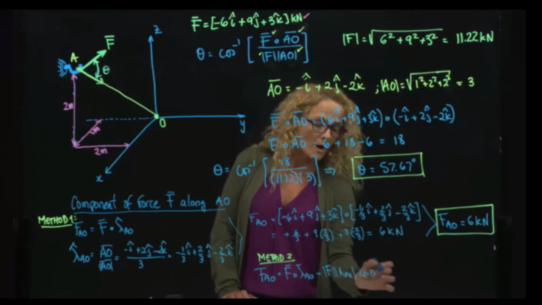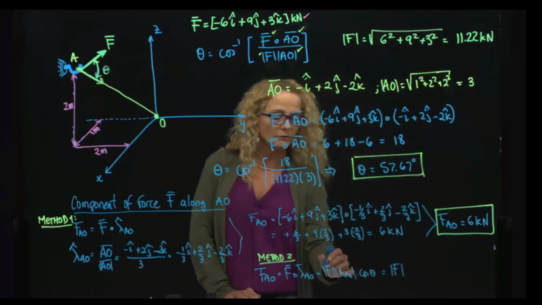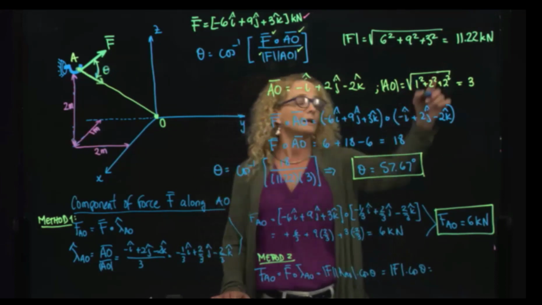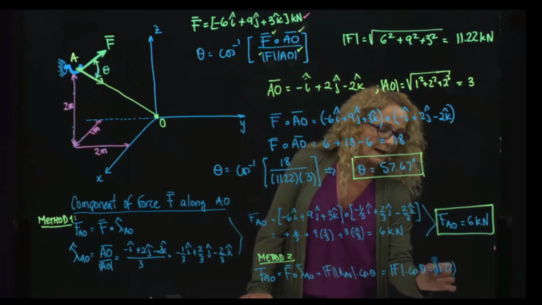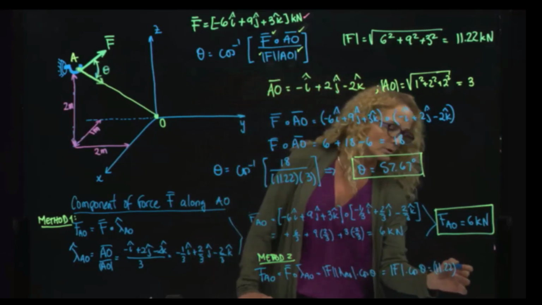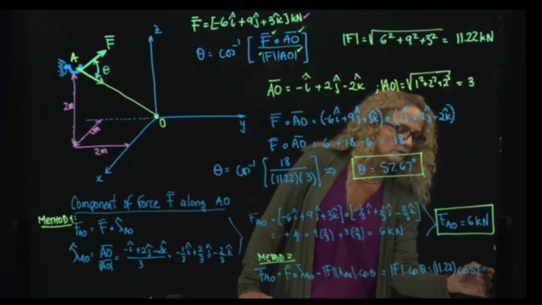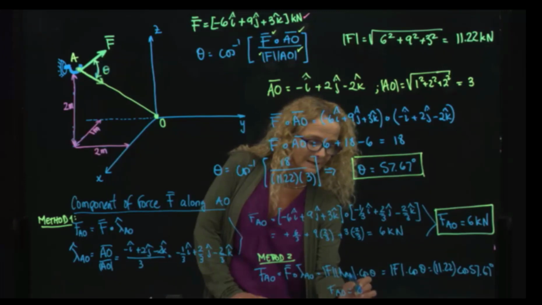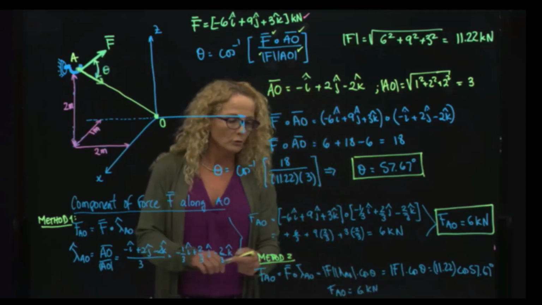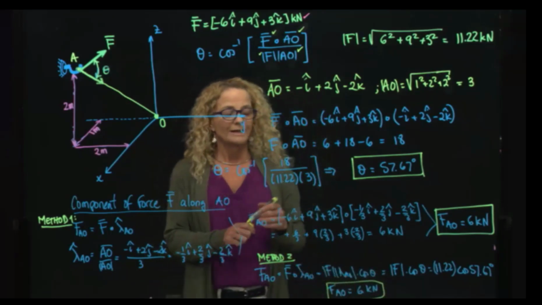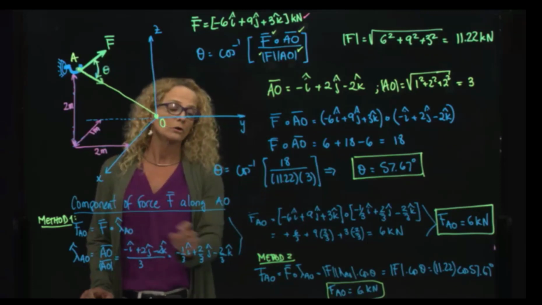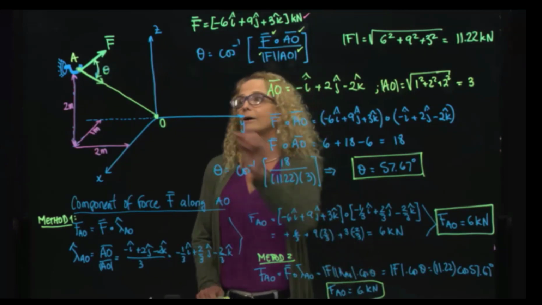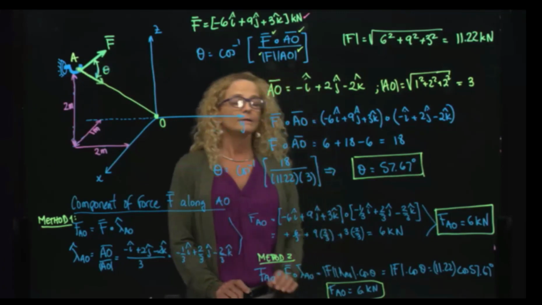Since the magnitude of the direction is 1, this is the same as saying the magnitude of this vector, which we already found, times cosine of theta. The magnitude of this vector is 11.22, and the cosine of the angle that we found, 57.67 degrees. If you do that calculation, you will find that it gives you exactly the same value using the second method, which, instead of doing the actual dot product, uses the definition of the dot product, which is the two magnitudes multiplied by the cosine of the angle between the two vectors. And this is the solution of this problem.